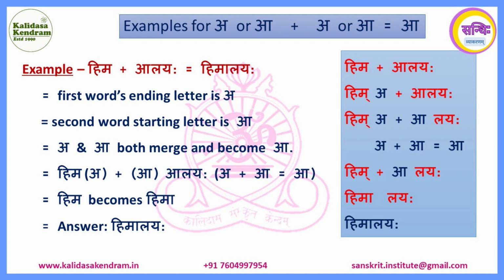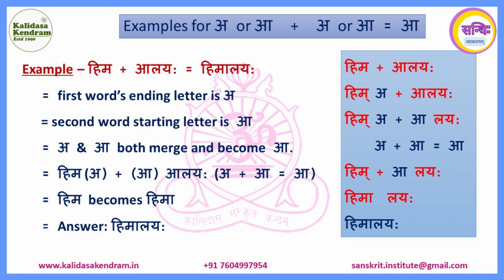Now we move on to the example for the first rule. a or ā plus a or ā becomes ā. Let's see. Hima plus Alayaha. There are 2 words, Hima and Alayaha, becomes Himalaya. Now you can understand how the word Himalaya is formed. One is Hima, another one is Alaya. The first word's ending letter is a.